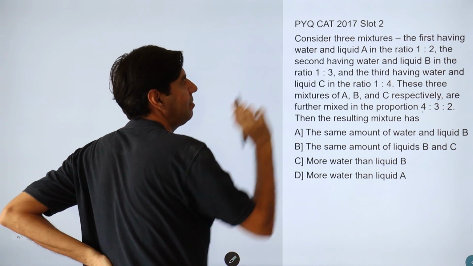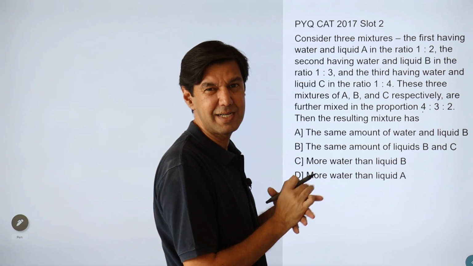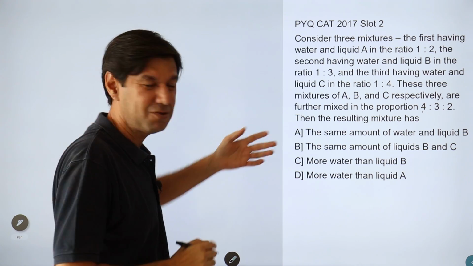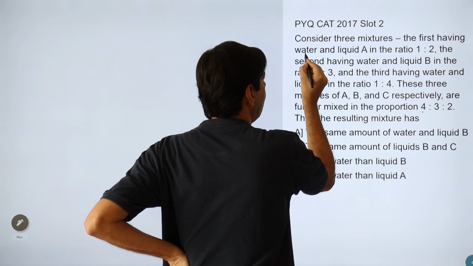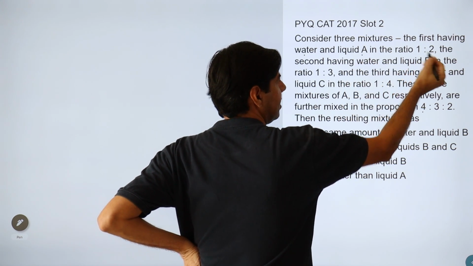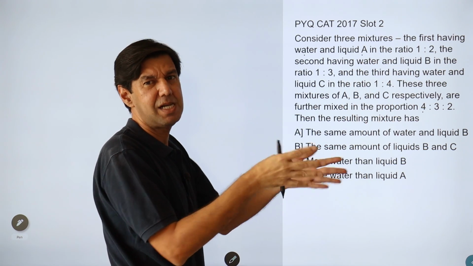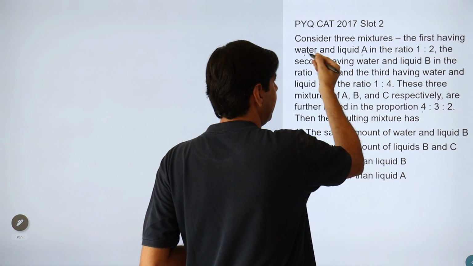So there are three mixtures. Mixtures, I don't know why they tend to put off some students, though these are the easier ones, as I said earlier. The first has water and liquid A in the ratio 1:2. So that's your typical milk and water solution, but it's liquid A and water.